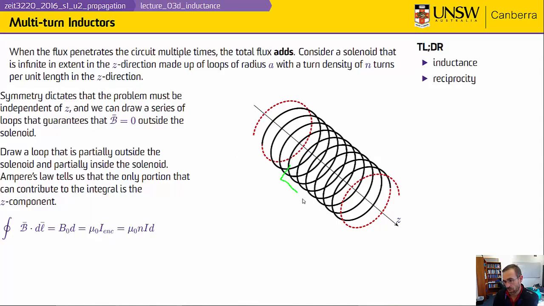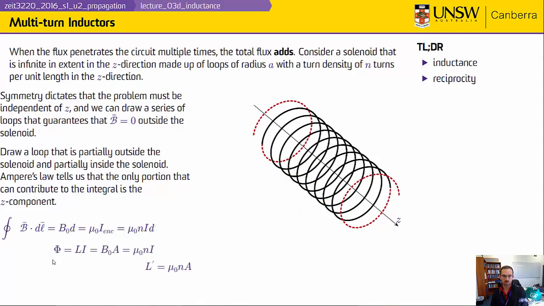Again, d is that extent there. Well, if I want to know the total current enclosed inside my loop, I take the number of turns per unit length and multiply by the length. And that means that each of these turns is going to penetrate my loop with that current I. Right? So I've got B naught d equals mu naught n I d. The d's, of course, cancel.